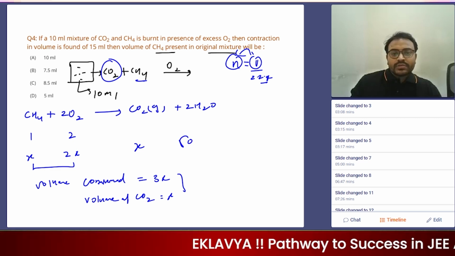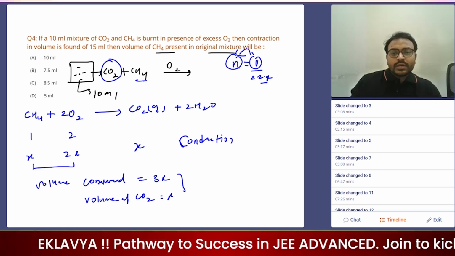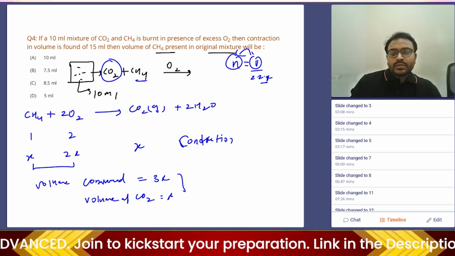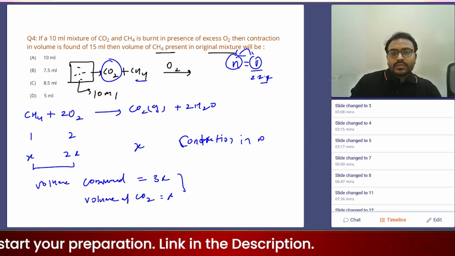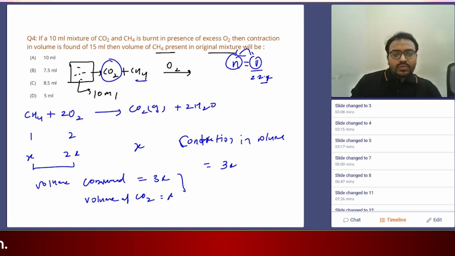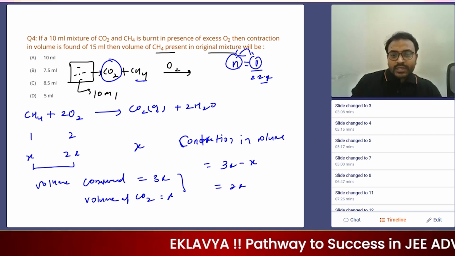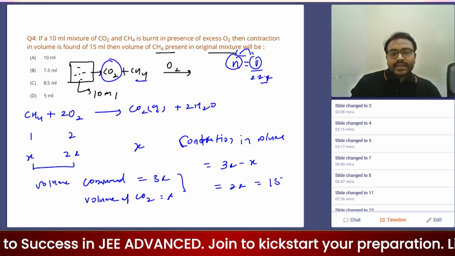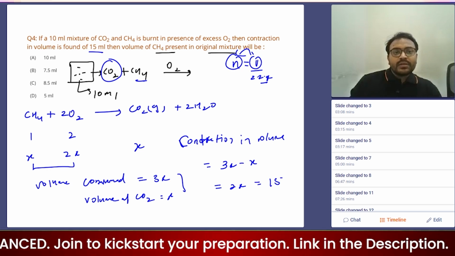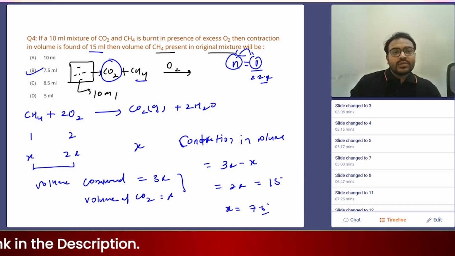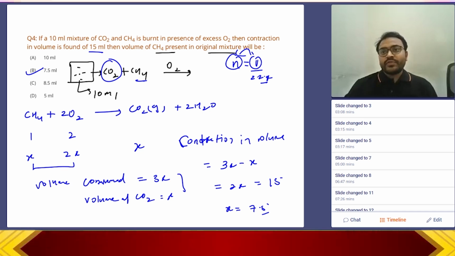The contraction in volume will be equal to 3x minus x, that is equal to 2x. And this contraction in volume is given as 15 ml in the question. So we get the x value as 7.5. So the right answer is 7.5.